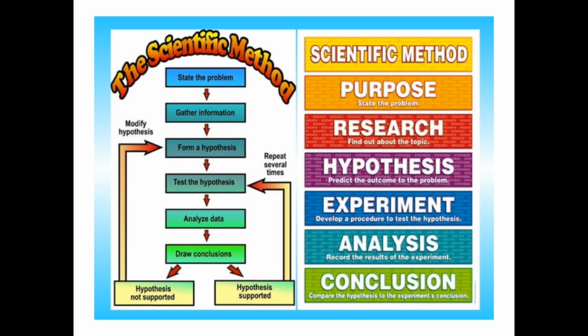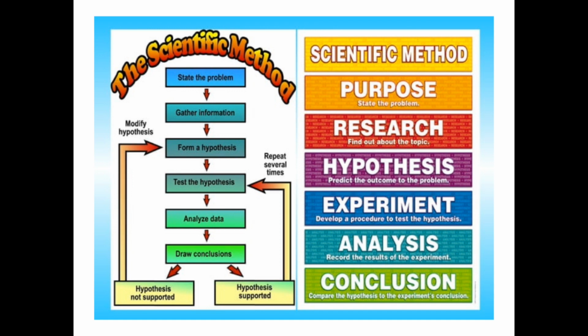So all this systematic and logical manner by which you draw a conclusion is called the scientific method. So in the scientific method, to cut it short, it starts with a purpose by stating the problem, then research by finding out about the topic, then hypothesis by predicting the outcome of the problem, then experiment by developing a procedure to test the hypothesis, then analysis by recording the results of the experiment, then conclusion by comparing the hypothesis with the experimental results.